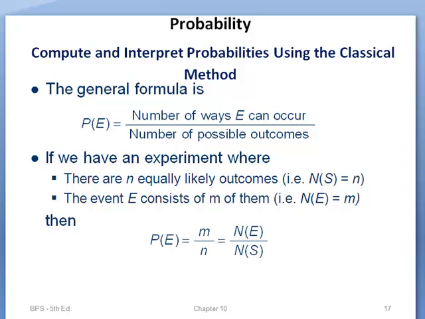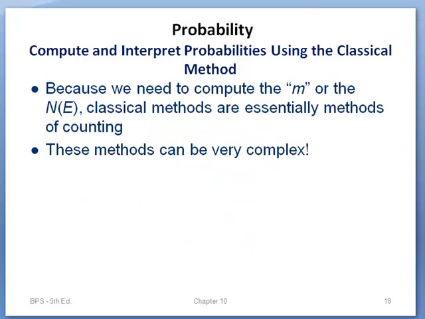So let's say that there are n equally likely outcomes. That means that the sample space has n things in it. And that's what you see in parentheses, n(S) equaling n. That's just a notation of saying the number in your sample space is n, and the number in your event is m, so the probability is m over n.